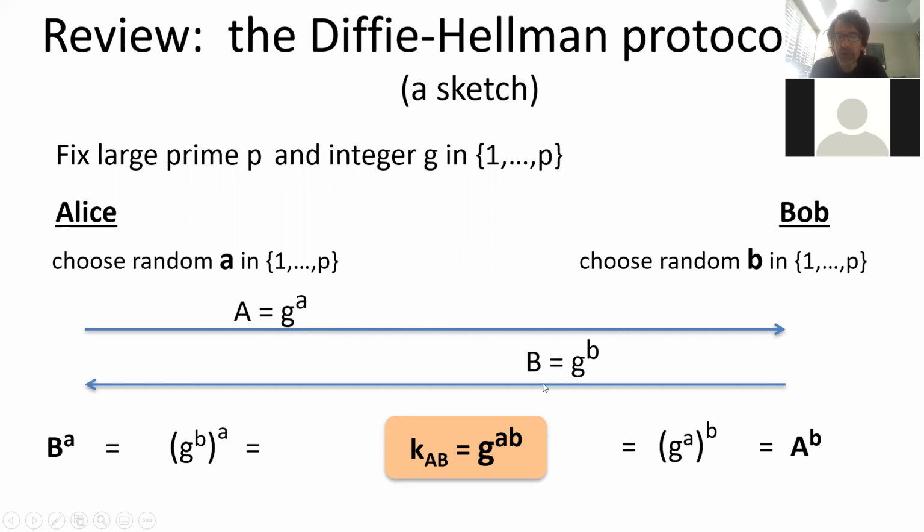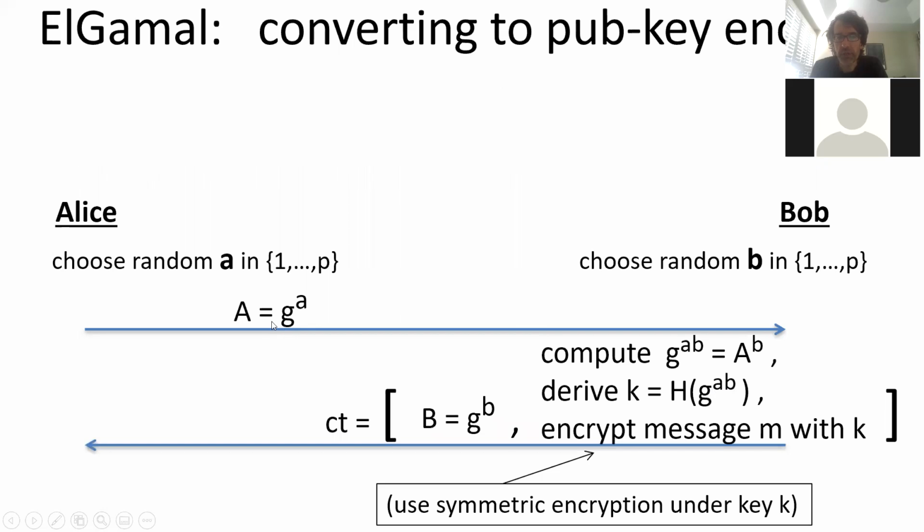Bob sent his contribution, and I'm going to rename it as part of Bob's ciphertext. Alice's computation, I'm going to rename as decryption. Bob's computation, I'm going to rename as encryption. And if you do that, then this is the public key.